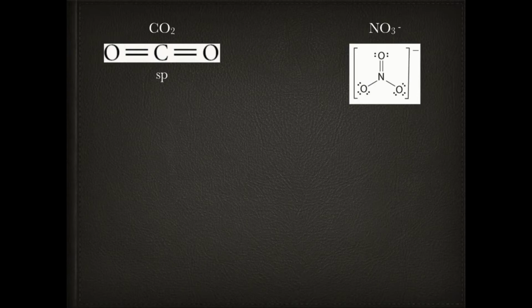Remember that for nitrate, this is an example of resonance, so I should have drawn out 2 more of these. But notice if I'm going to count the total number of electron domains, I have a total of 3. 1 for the single bond, another one for the other single bond, and then 1 for the double bond. So since I have 3 electron domains, my hybridization is going to be sp2.